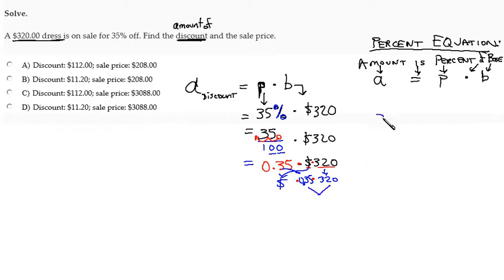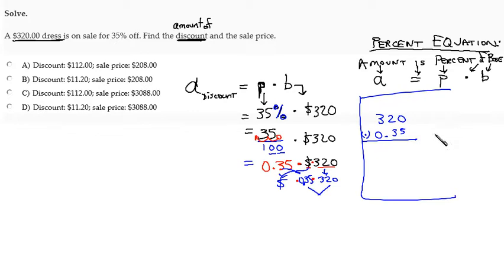I'm going to multiply this off to the side in a scrap area here, and I'm going to say 0.35. We're going to do long multiplication. Multiply these two numbers together. So let's switch our colors, make it easier to see. 0 times 5 is 0. 5 times 2 is 10, carry a 1. 5 times 3 is 15, plus 1 is 16.